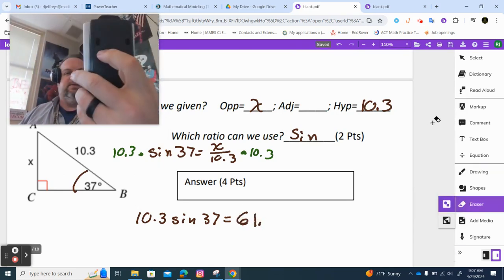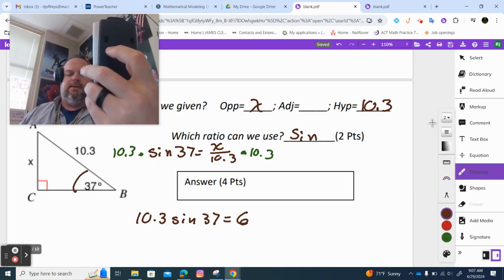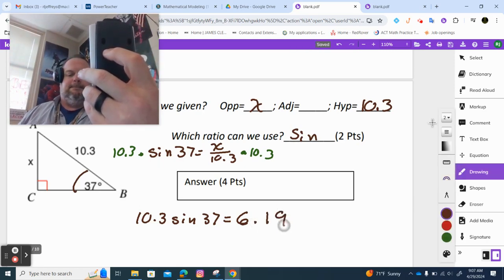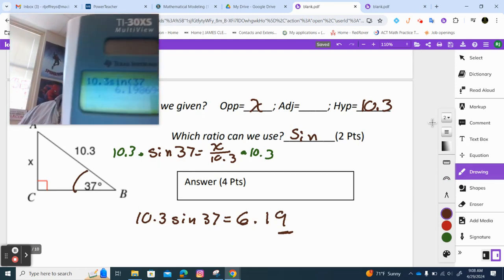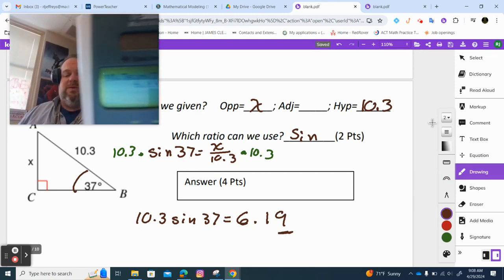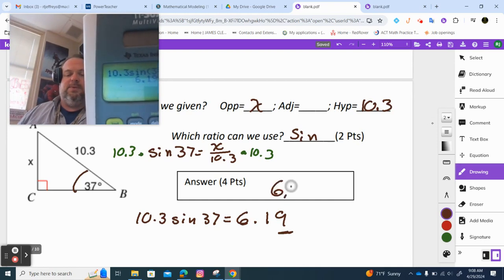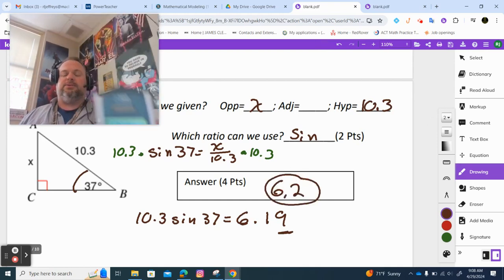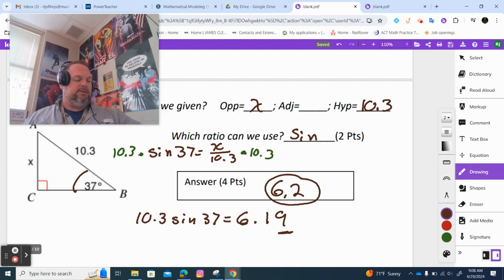Oh, that's not right. All right. So since we're rounding to the nearest tenth, this 9 would make this 1 go to 6.2. Final answer in the answer box. I even circled it.